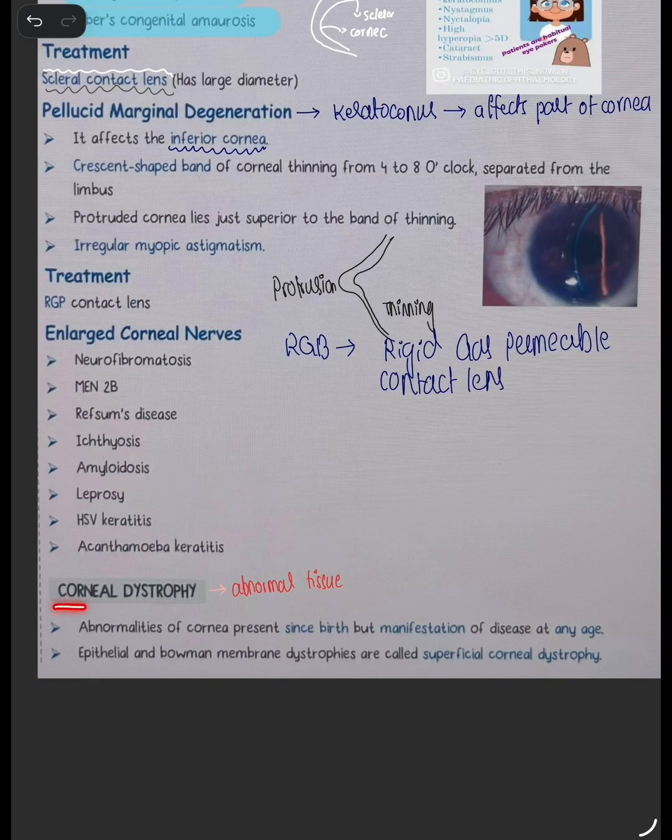Next topic is the corneal dystrophy. Dystrophy means abnormal tissue which is present since birth, but the manifestation of disease can occur at any age. So we have the epithelial and the Bowman's membrane dystrophies. These are called the superficial corneal dystrophies.